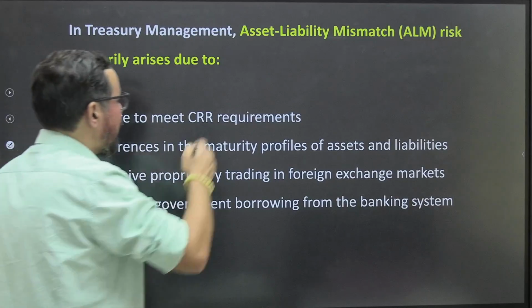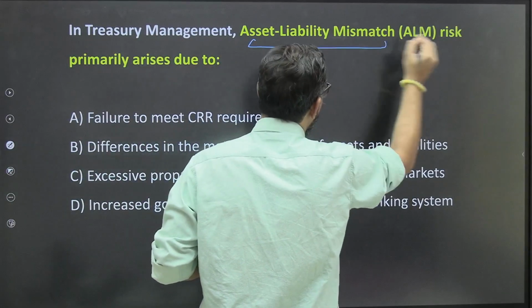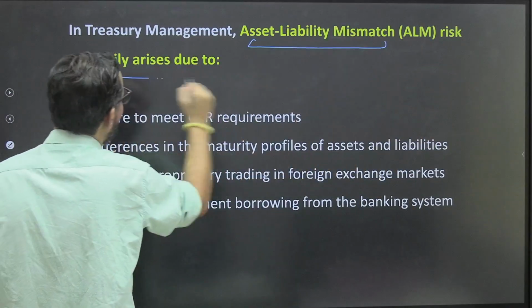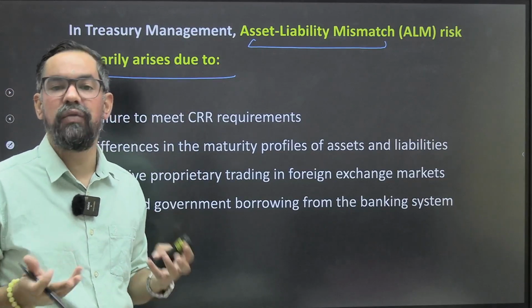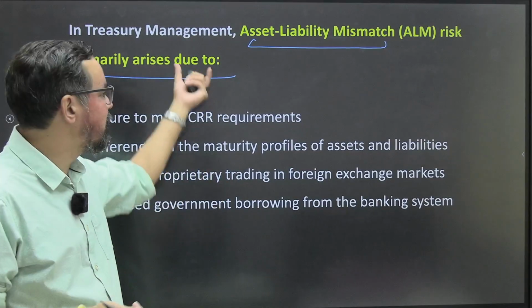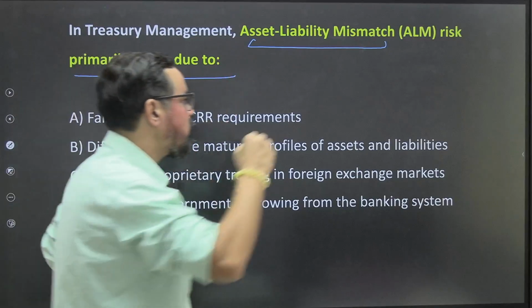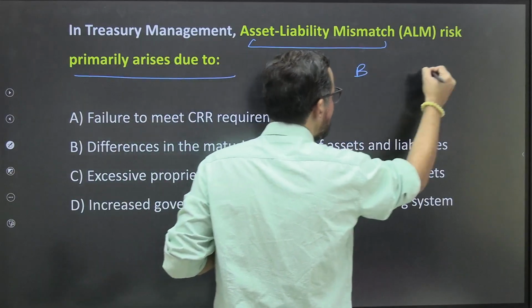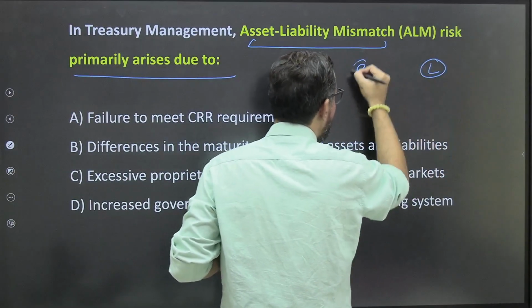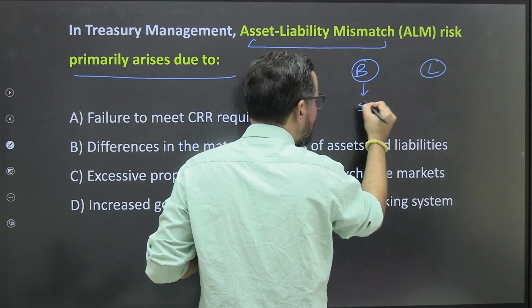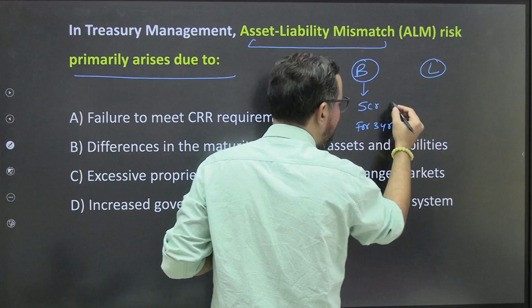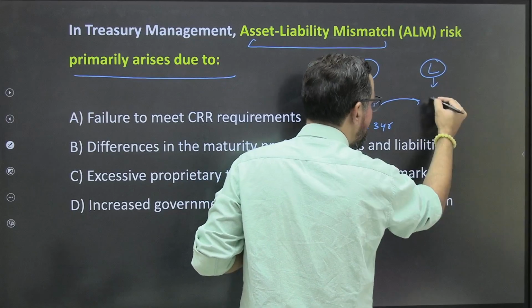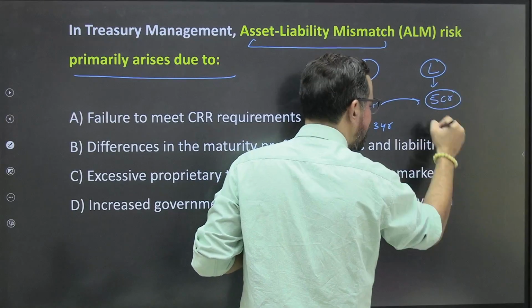In treasury management, ALM, asset liability mismatch risk, primarily arises due to the asset liability mismatch. Let's say core banking is borrowing for the purpose of lending. We accepted a deposit of 5 crore rupees for, let's say, 3 years, and based on this we created a loan, an asset, of 5 crore rupees.